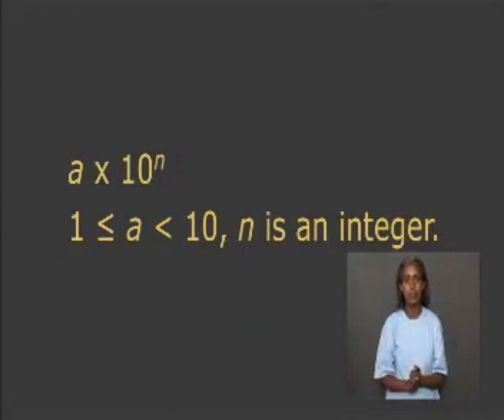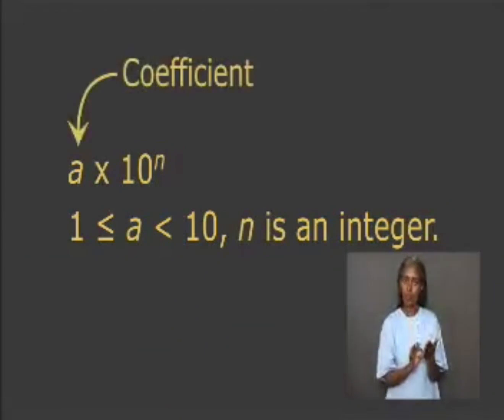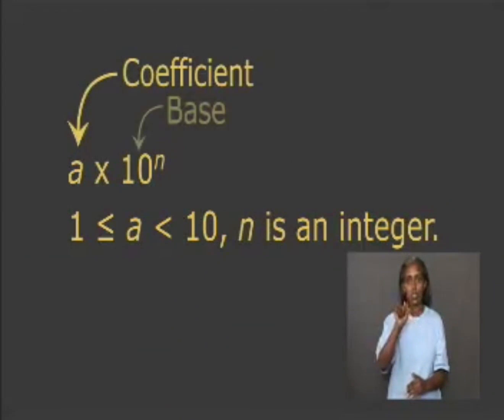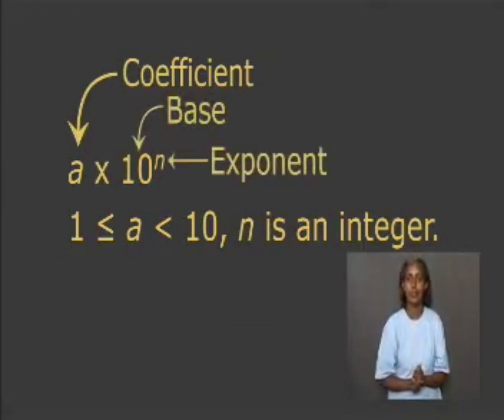In this form, A is called the coefficient, and 10 is called the base. N is referred to as the exponent or power of 10.